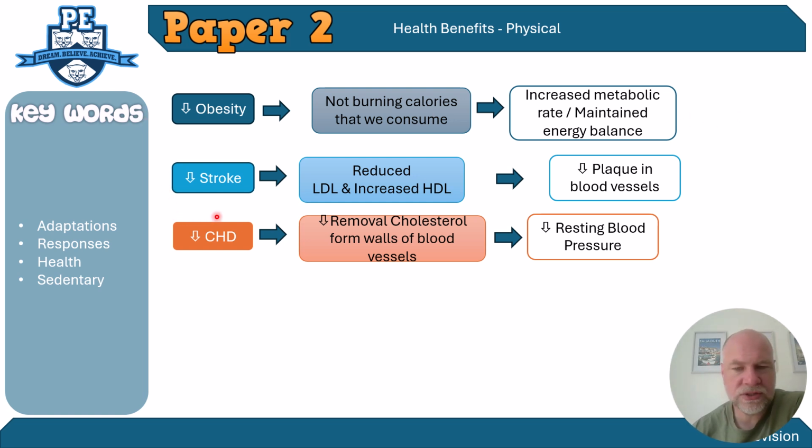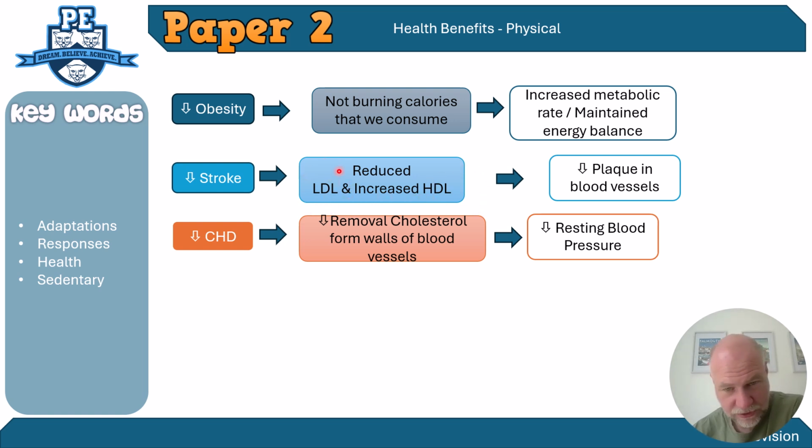The risk of strokes is reduced because of a decrease in low density lipoprotein and an increase in high density lipoprotein. You'll get away with putting LDL and HDL, and essentially they're linked to cholesterol. They're just different forms of fat, and one is reduced and one is increased.